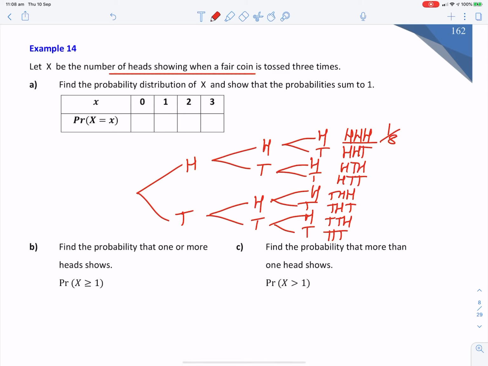X is the number of heads, so we know that's 1 on 8. 2 heads.